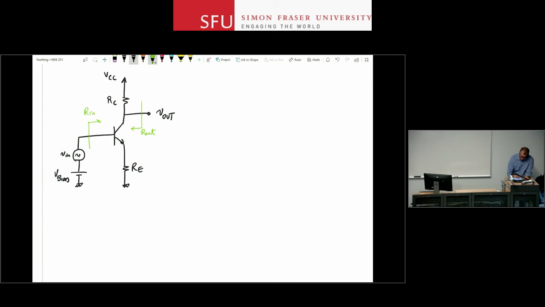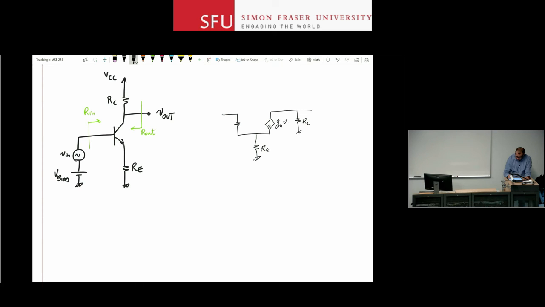Let's draw the small signal model. So I draw the transistor again first. Attach the circuit components to it, so RC between collector and VCC that is now grounded. Emitter now has a resistor in it.